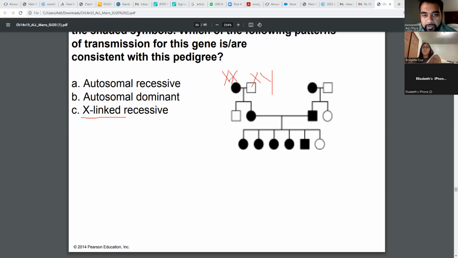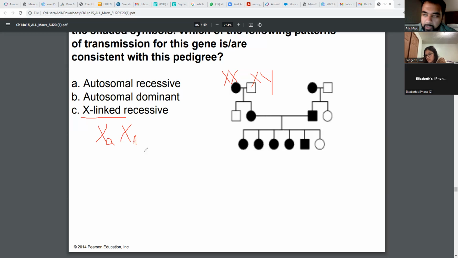So now it's kind of just playing through the different scenarios, okay? So if this is X-linked recessive, the way we're going to show it is X little a, and we can also have X big A.